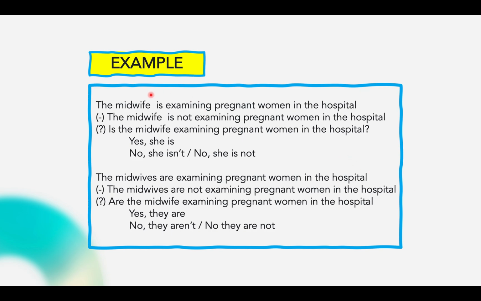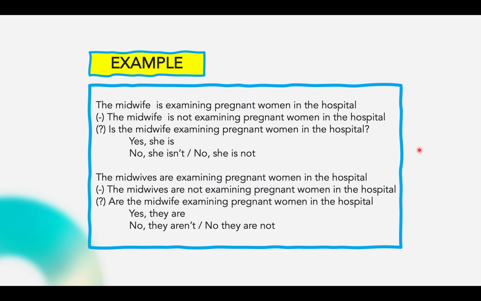Look at this here. We use is because the midwife is one. And here we use are because the midwives here is more than one. So to be depends on the number of subject. I will read for you and you can read together with me.